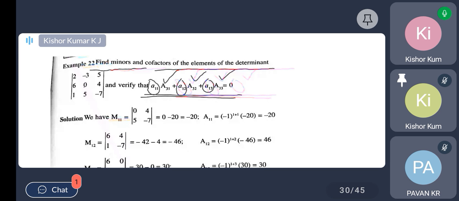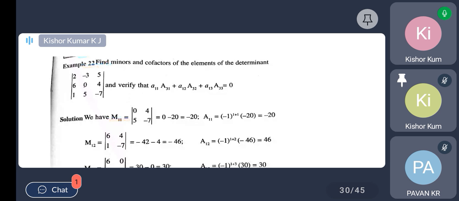So 9 elements we have. We all know how to consider the general format: A11, A12, A13, A21, A22, A23, A31, A32, A33. So that is the determinant we have here. Now I am going to calculate the minors first. First I will consider M11, that is the minor of the first row, first column element.